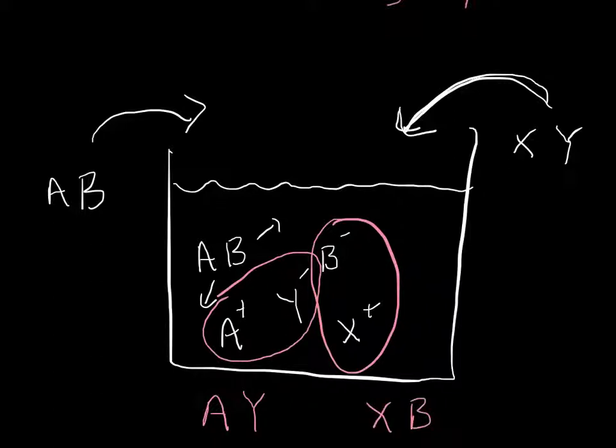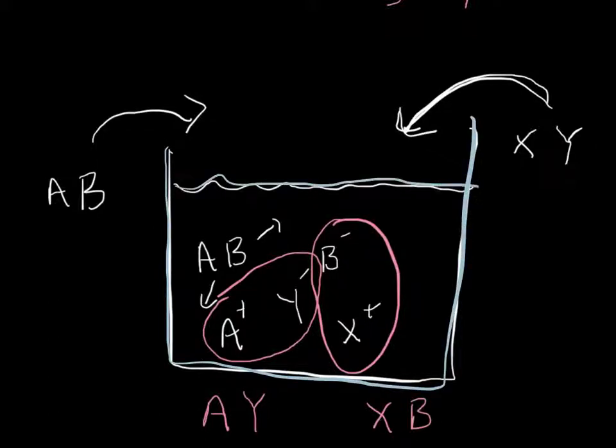But the question is that if we're still in this aqueous solution, if I'm still in this container of water, then why won't AY just go its own separate ways when it's in the water? And why won't XB go its own separate ways as well? And the answer is that they will if they're soluble, and we won't have any product formation.